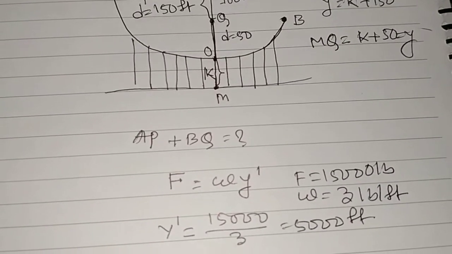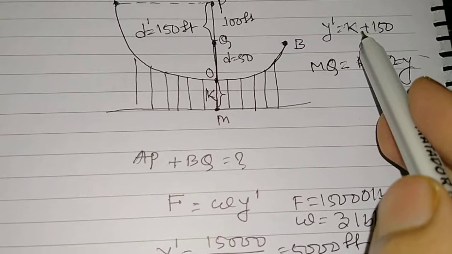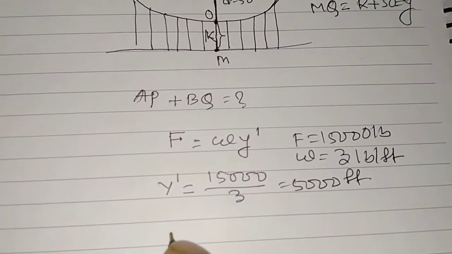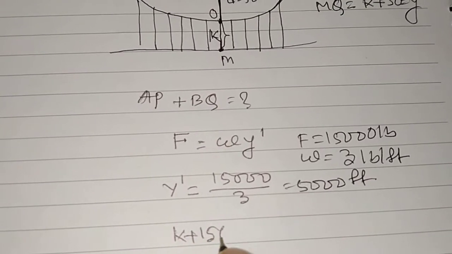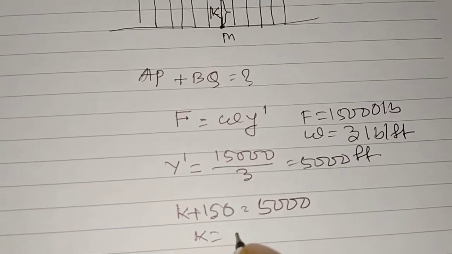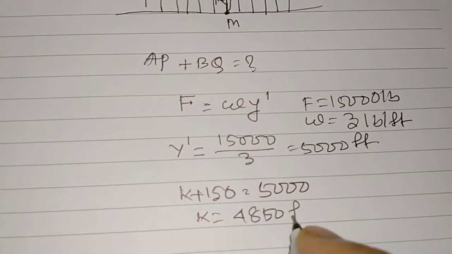Viewers, we know that Y prime equals K plus 150. So K plus 150 equals 5,000 feet, where K equals 4850 feet.